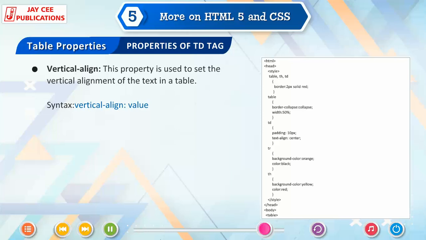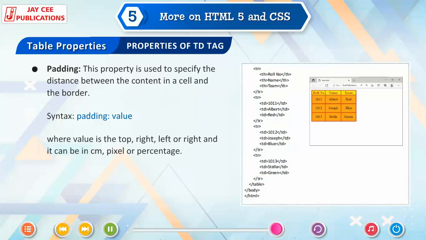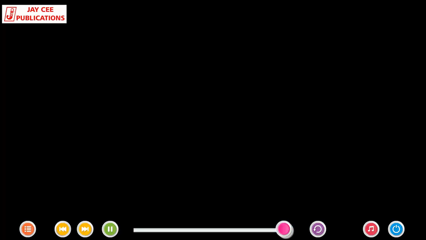Syntax: vertical-align: value, where value can be top, middle or bottom. Padding. This property is used to specify the distance between the content in a cell and the border. Syntax: padding: value, where value is top, right, bottom or left, and it can be in centimeter, pixel or percentage. Consider the given example.